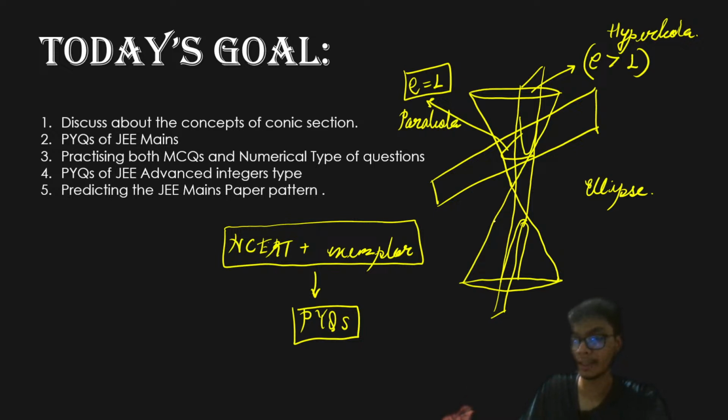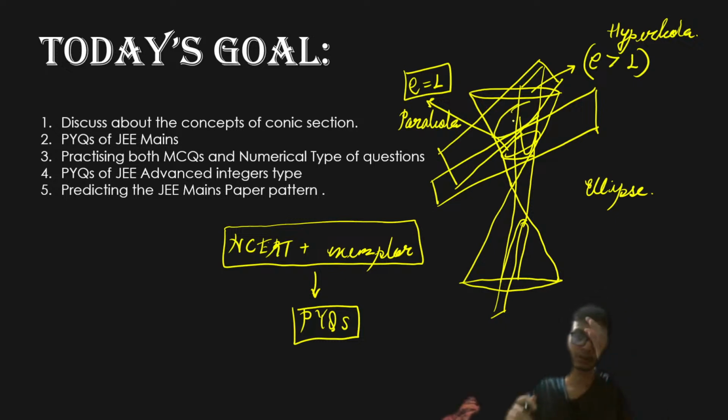An ellipse is obtained when the plane intersects the cone at some angle, it is basically an ellipse over here, right? A parabola is formed when the plane is parallel to the side of the cone, so it doesn't go out of the cone, right? This is how the parabola is obtained.